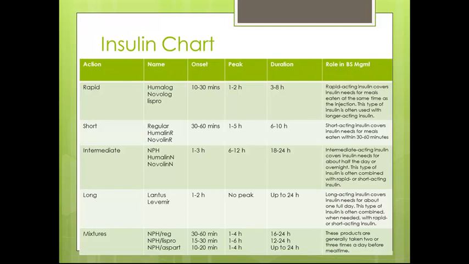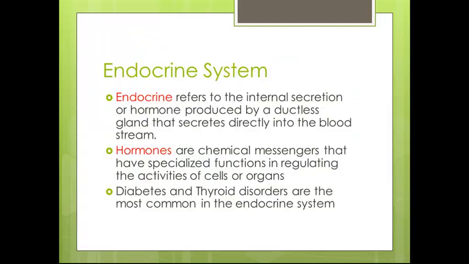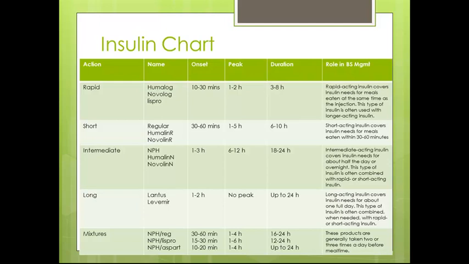Long-acting insulin, Lantus and Levemir, very popular. Onset is 1 to 2 hours. There's no peak for this medication, and the duration is up to 24 hours. Long-acting insulin covers insulin needs for about 1 full day. This type of insulin is often combined when needed with rapid or short-acting insulins.